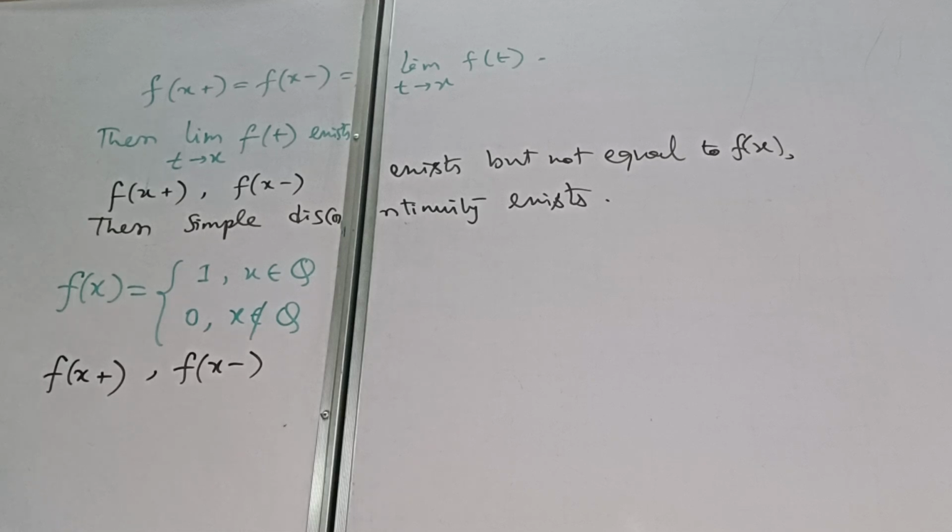That means for f(x+), if x belongs to Q, then to the right of x there is also an irrational point. So in x+ the value is 0, otherwise it is also 1, so we can't say it equals 1 or 0. So this does not exist, and f(x-) also does not exist.